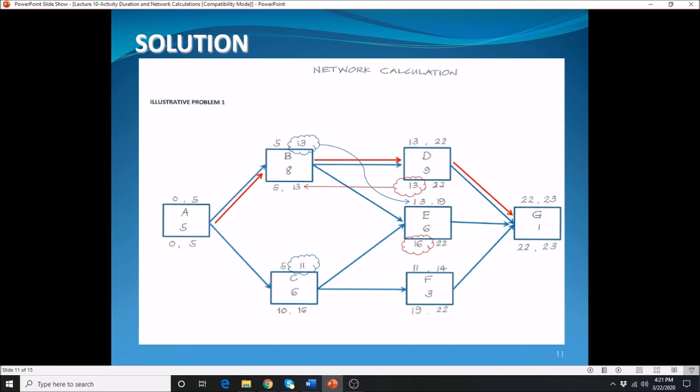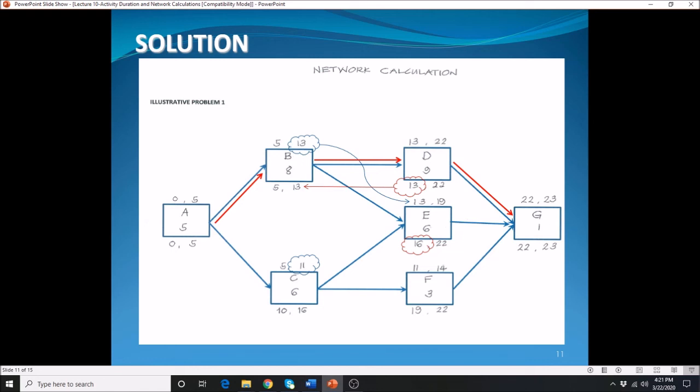One thing you need to avoid as much as possible is intersection or crossing of the network arrows. There will be cases, especially with a lot of activities, where you cannot avoid intersections. One thing we usually do is create a jump line. I don't know if I have that in our succeeding examples.